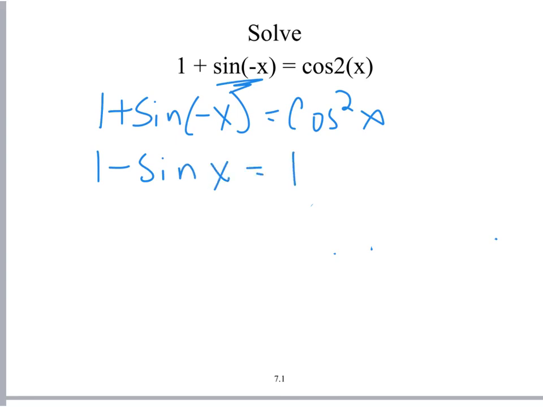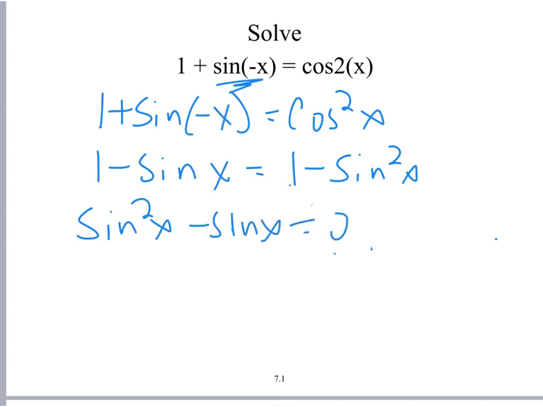And we've already done this substitution a couple of times where this is sine squared x. So I see a quadratic equation. I'm going to set it equal to 0. So I'm going to move sine squared x to the left, minus sine x, and then 1 minus 1 is 0, so we've just got to factor out a sine x.